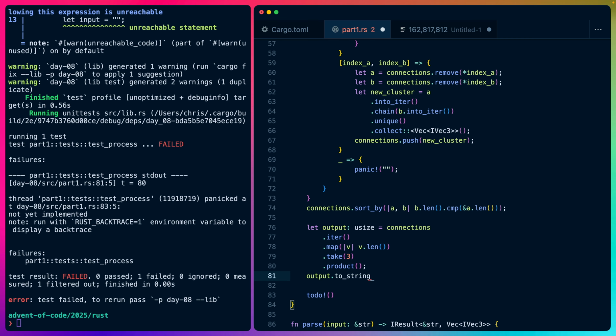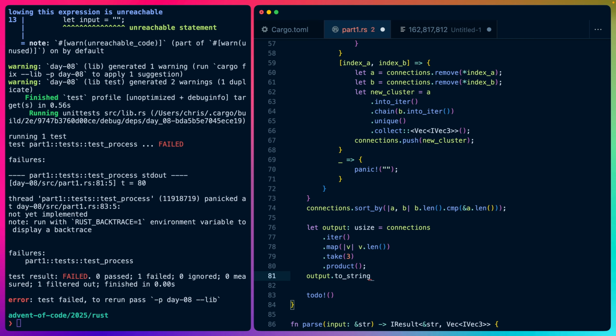So we could rip this whole thing out and throw it into a function. What are we going to call this function? I'm going to call it groups because I don't have a better name for it at the moment. And we need to accept configuration. What are we calling these? Pairs. We need to connect 1,000 pairs and then the 3 largest circuits. And then this is num pairs.